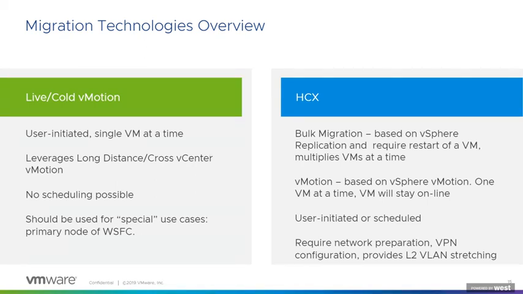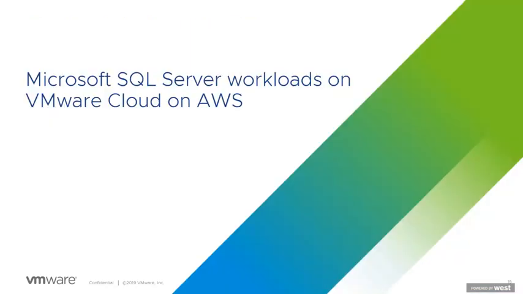After taking a look at the approach to migrate SQL Server, let us go deeper into details for the design and configuration for SQL Server workloads on VMware Cloud on AWS.